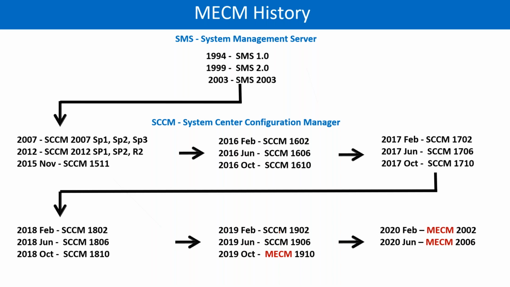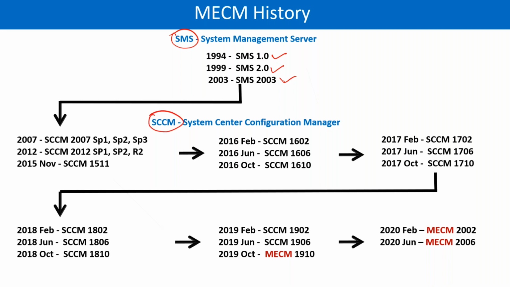So before we move to the next slide, we would like to know what is the historical background of SCCM. So SCCM started as SMS, which is System Management Server, in 1994. Okay, so in 1994, this product was developed by Microsoft, and SMS 1.0 was released. Then in 1999, SMS 2.0 was released. Then SMS 2003, right?